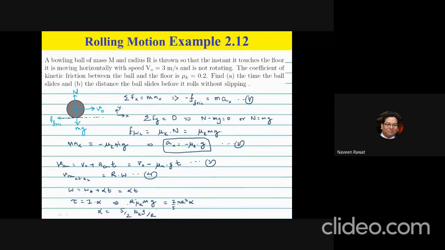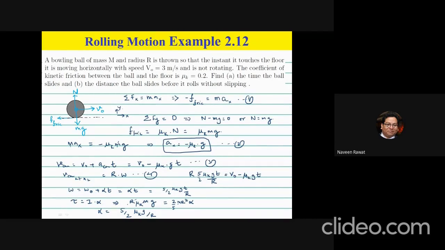Once we have alpha, I can say my omega will be 5 half mu_k g t by R. So R times 5 half mu_k g t by R is omega, which is equal to v0 minus, right hand side, mu_k g t.